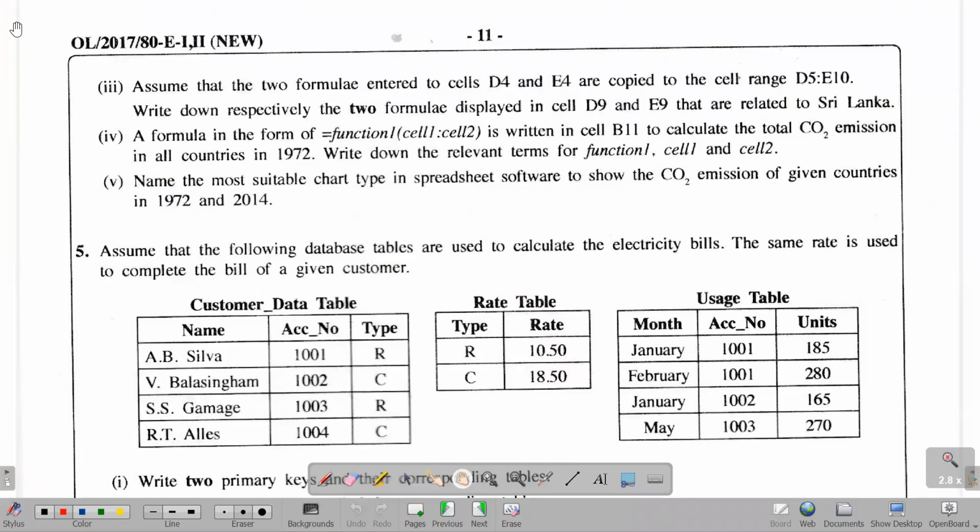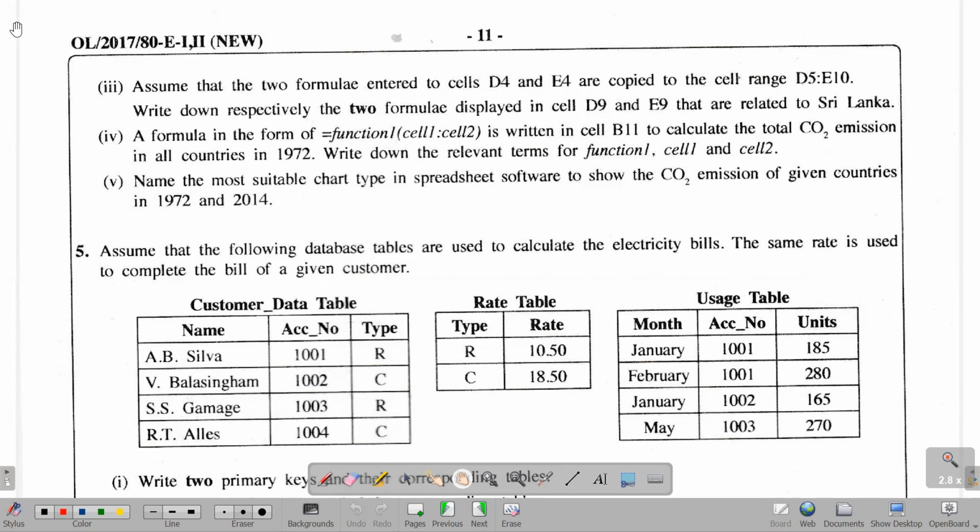And as the final part, the fourth one. A formula in the form of equals function(cell 1 colon cell 2) is written in cell B11 to calculate the total CO2 emission in all countries in 1972. Write down the relevant terms for function, cell 1, and cell 2. If you are going to have the total CO2 emission, you need to use the sum function.